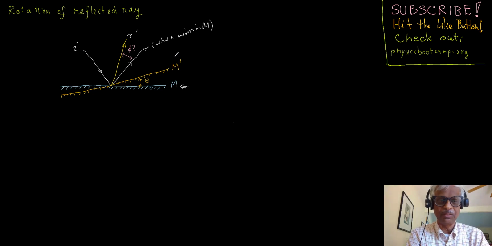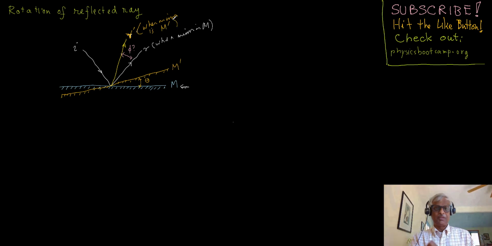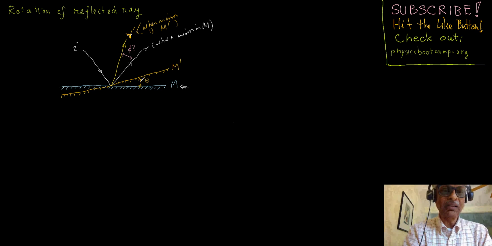If you rotate the mirror, then this original ray will now come in another direction. Let me call it R prime. This is when the mirror is M prime. If this angle is theta, the question is, what is this angle?